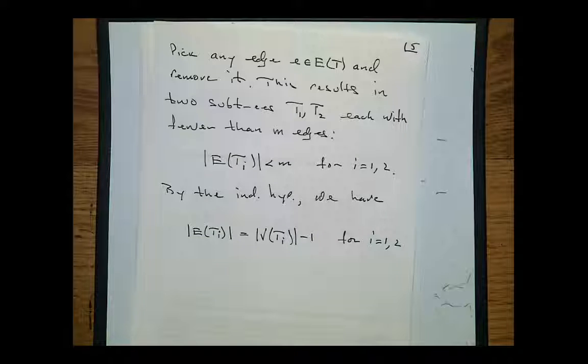And so we try to recombine what we have into a solution to the original. We somehow recombine the truth of the theorem for those two smaller pieces into the truth for the tree on m edges that we started with.